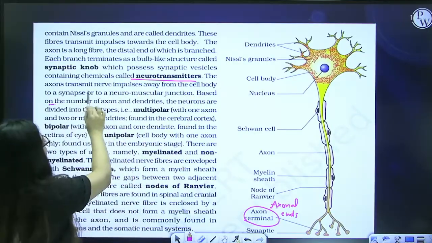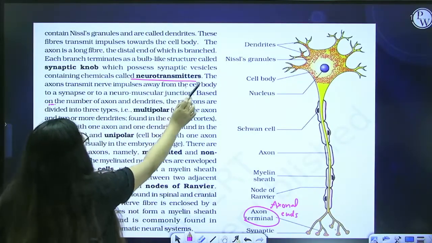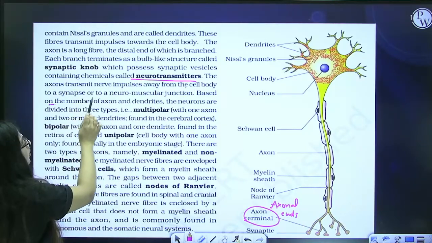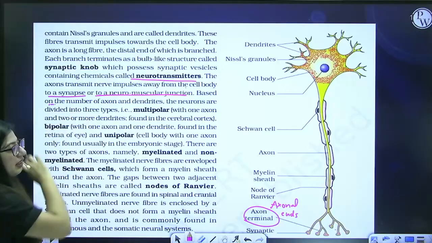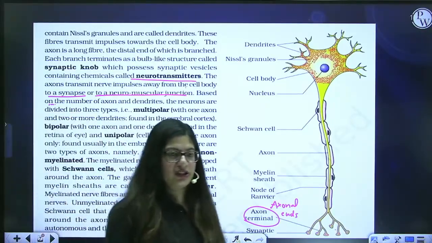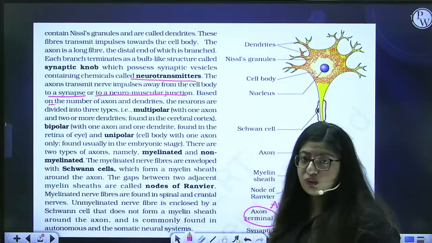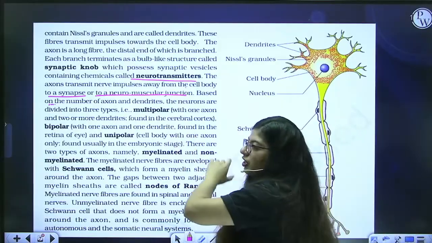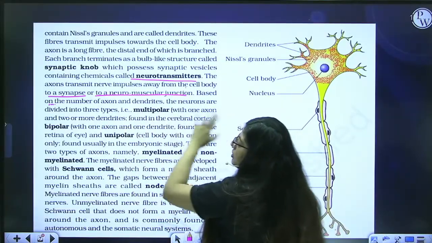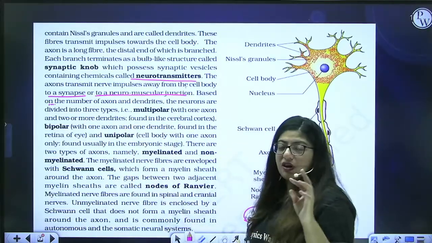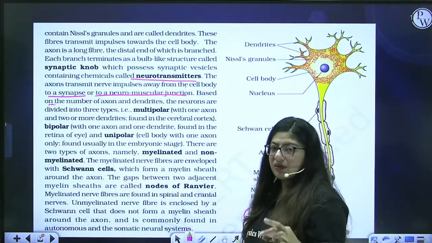The axon transmits nerve impulse away from the cell body to a synapse or to a neuromuscular junction. So where it is sending information, either to a synapse, that means to another neuron, or to the muscle through neuromuscular junction. Based on the number of axon and dendrite, the neurons are divided into three types. So how many axon and dendrites are there?